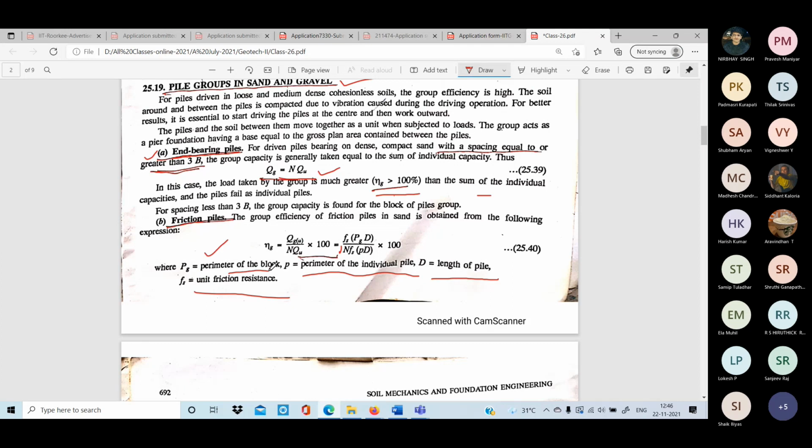This is the smaller perimeter. Likewise, we can find out the efficiency in a similar way. Understood? Fs is the perimeter area with the particular depth of a block or an individual pile perimeter. Understand? It is very simple only.